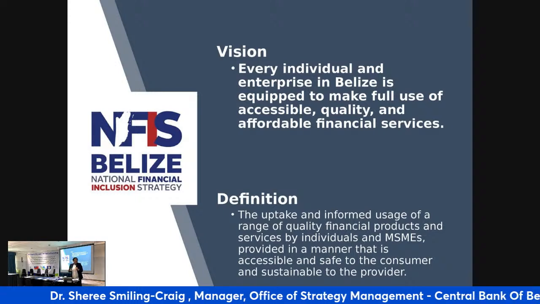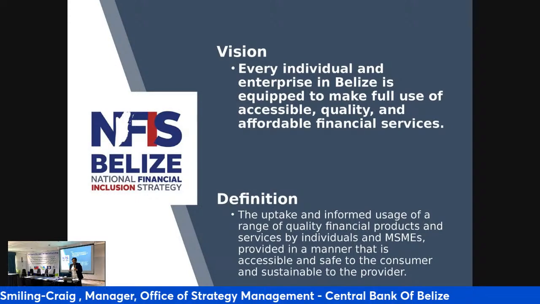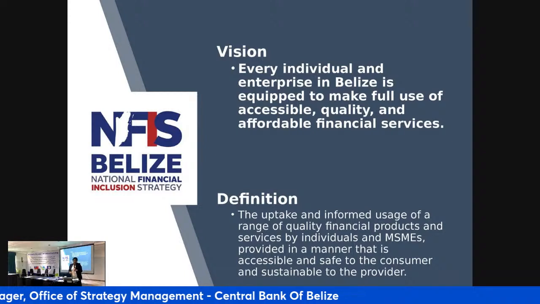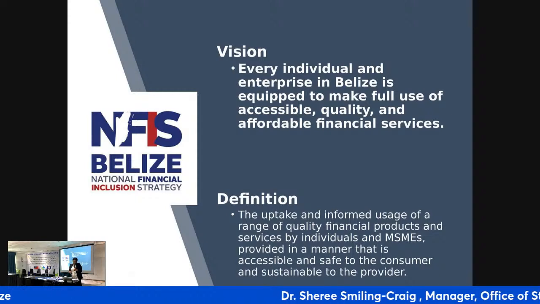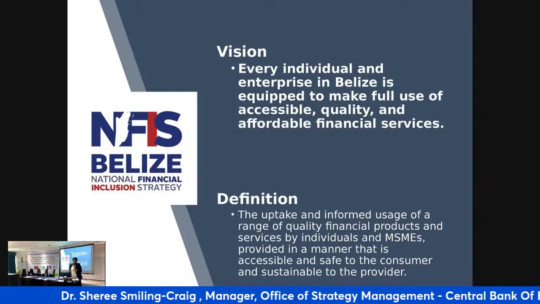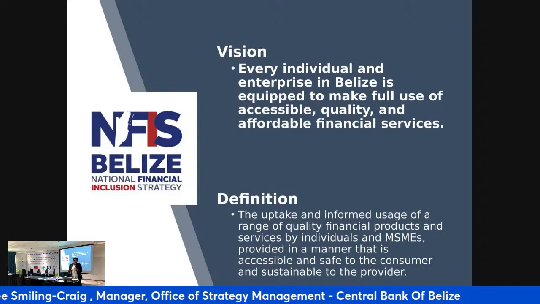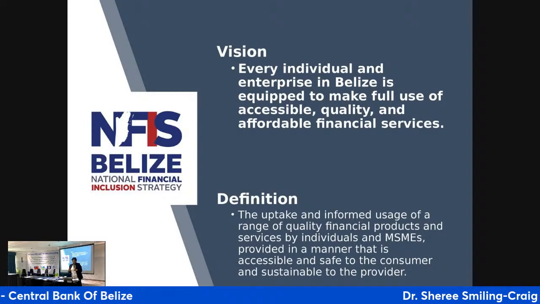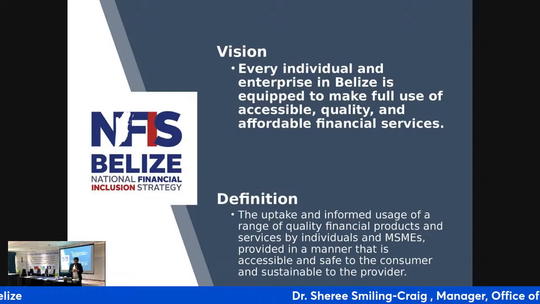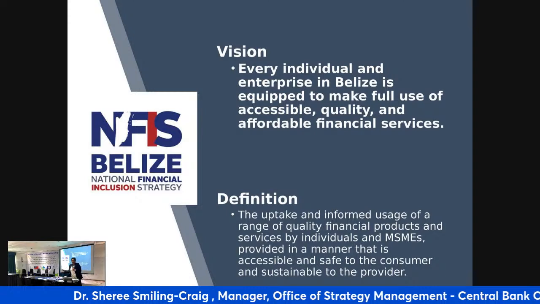So we had to come up with a definition that we could all agree to. For Belize, financial inclusion meant the uptake and informed usage of a range of quality financial products and services by individuals and MSMEs, provided in a manner that is accessible and safe to the consumer, that's the demand side, and sustainable to the provider.